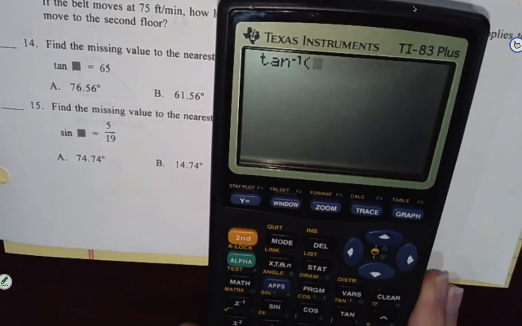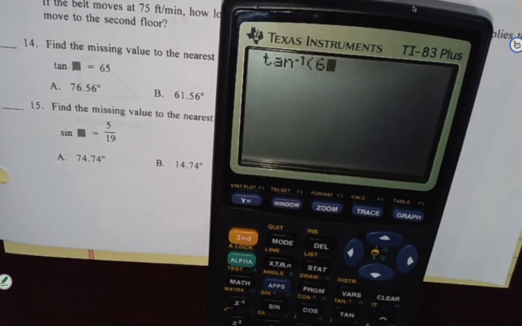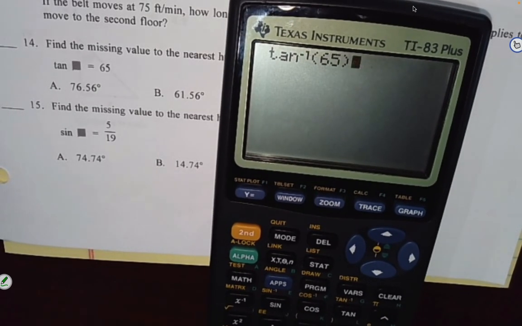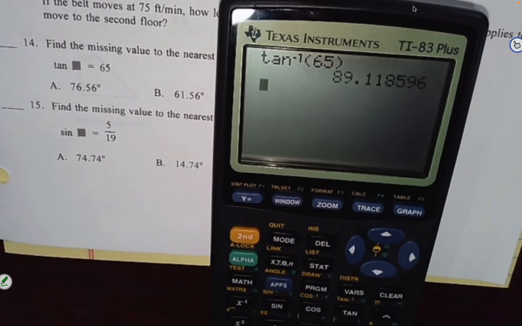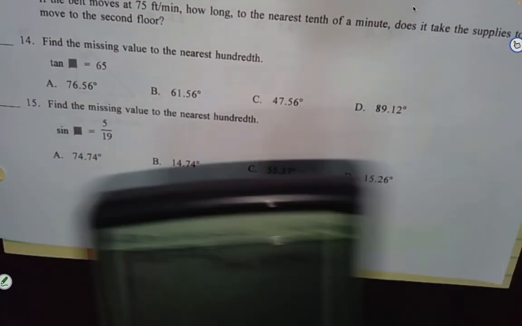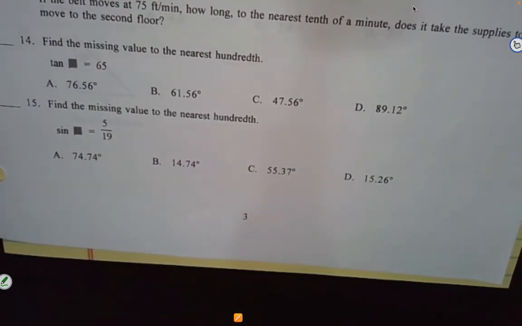That's really tangent inverse, because you're trying to move the tangent. And you get 89.12 degrees. They rounded to 2.